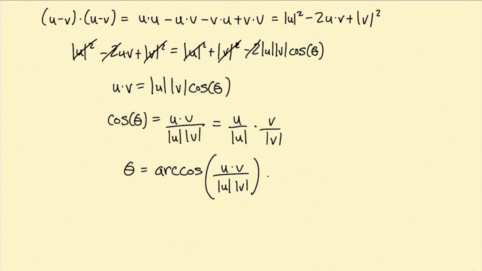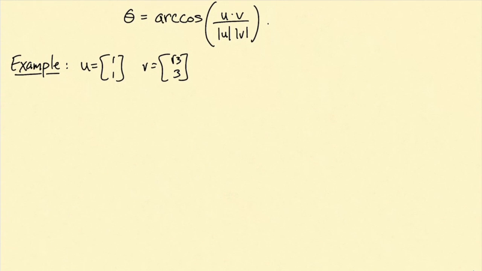So, as an example, let's compute the angle between the vectors u, which has coordinates 1 and 1, and v with coordinates root 3 and 3. We'll measure the angle between the vector u and the x-axis, the vector v and the x-axis, and then we'll be able to take the difference between them.